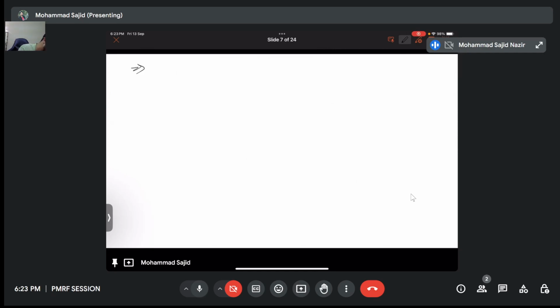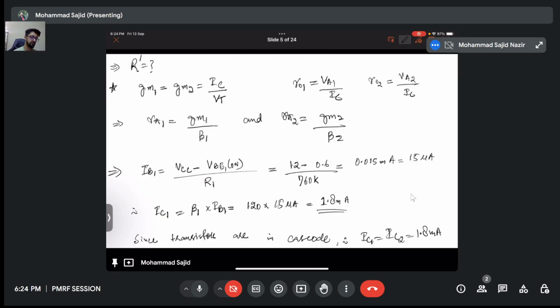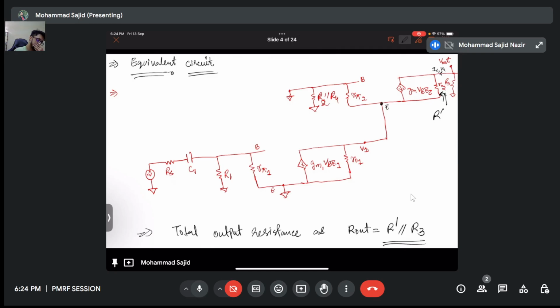Now for transistor Q2, Vπ2 will be minus V1 because V2 is V1.